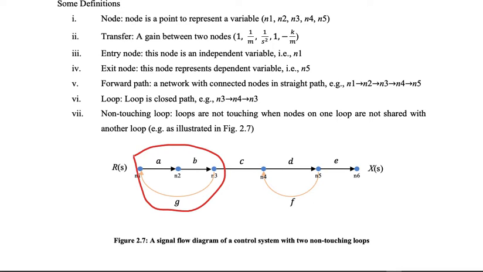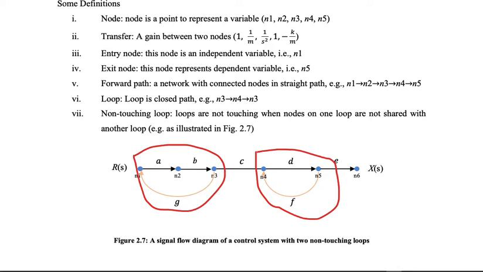In terms of gain, this loop has a, b, g. The other loop starts from N4 to N5 and back to N4, and in terms of gain, this loop has df.